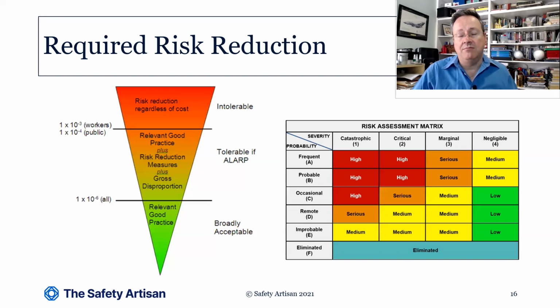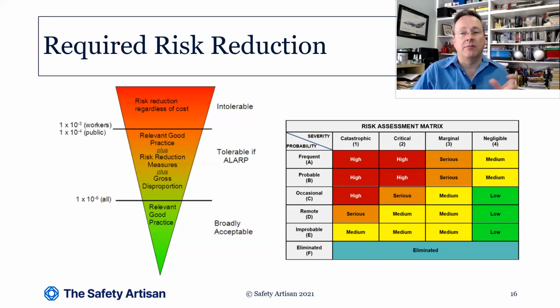So there will be some level of risk that is intolerable, okay? Then if the risk isn't intolerable, then we can tolerate it or accept it only if it is ALARP or SFAIRP. ALARP means that we've reduced the risk as low as reasonably practicable, and SFAIRP means so far as is reasonably practicable.